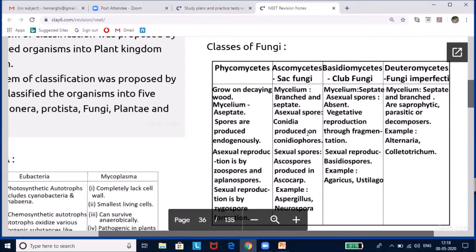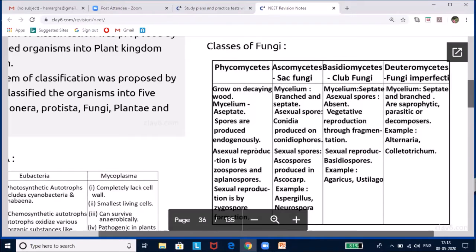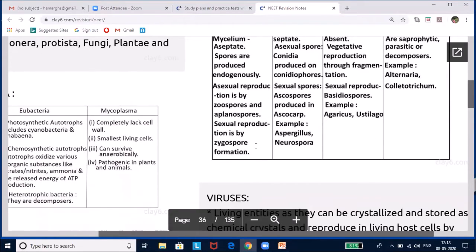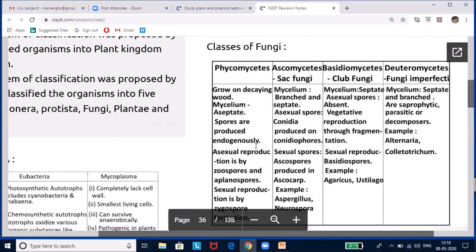Now zoospores, which are motile, and aplanospores, which are non-motile, are produced for asexual reproduction. They show isogamy, anisogamy, and oogamy. You might be familiar with these terms, but anyhow I shall be recapping. Isogamy means gametes that are similar in morphology. When they unite or fuse, you call it isogamy.